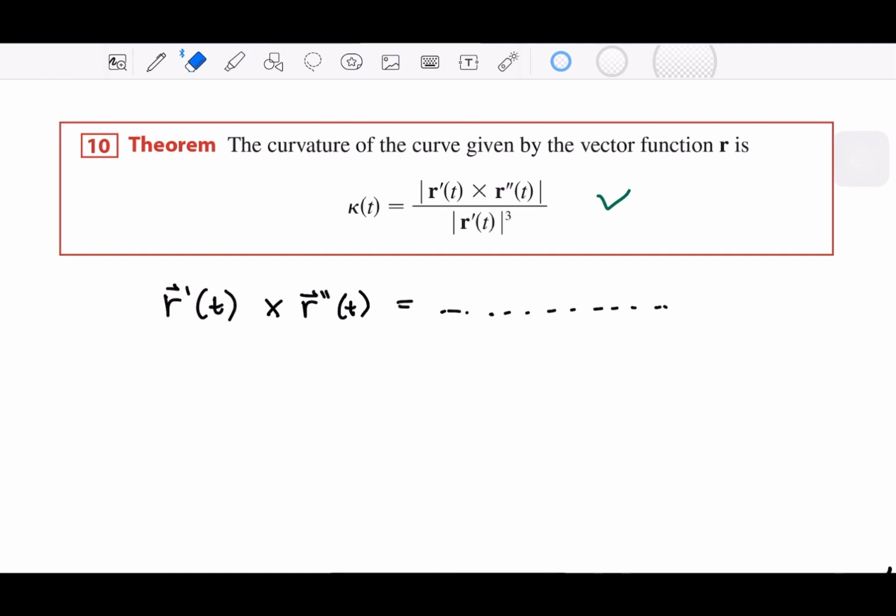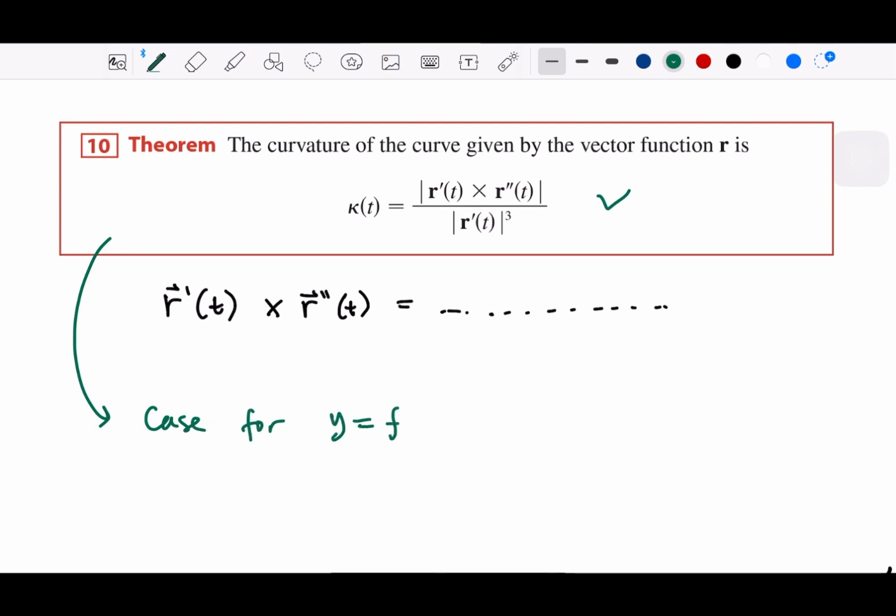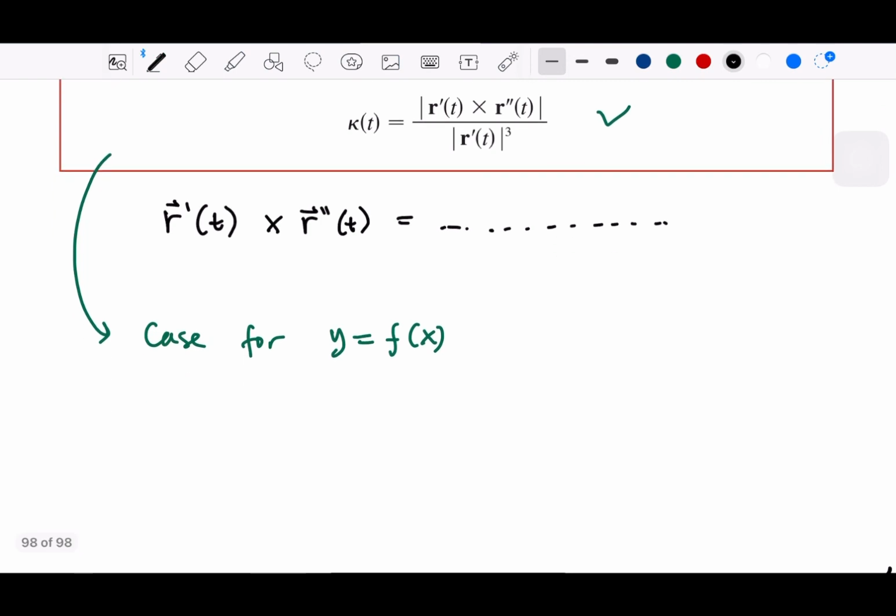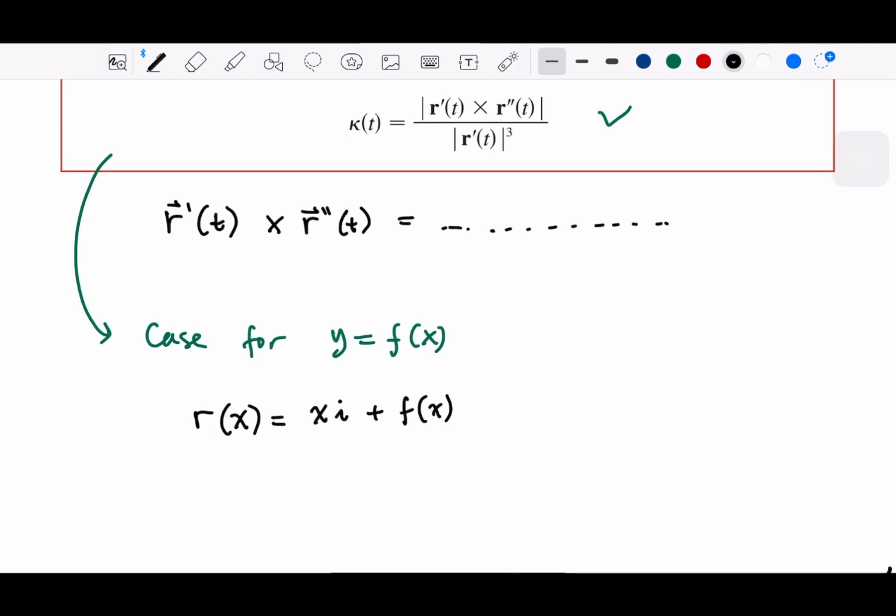So let's say we take the case y equals f of x. Okay. So first we take the r as a function of x. For the x-axis, this will be the variable x, for the i. And for y, because it's a function of x, this is f of x, j. So this is our vector function.